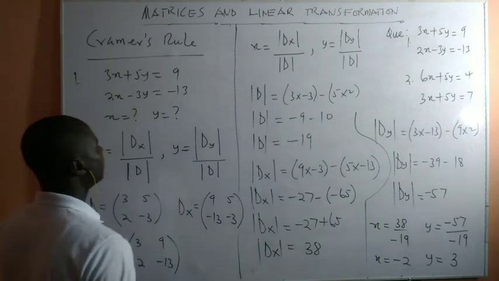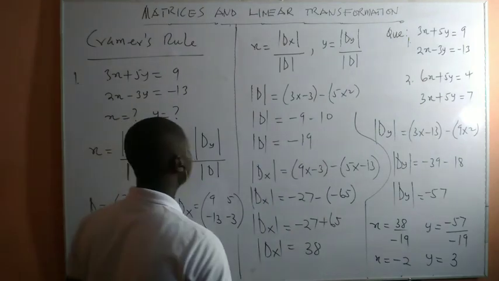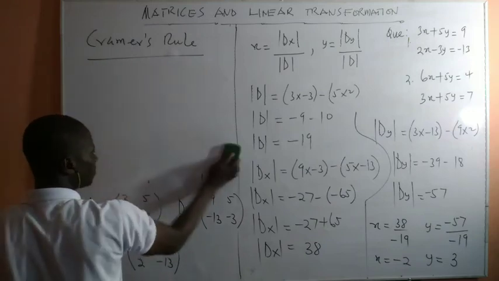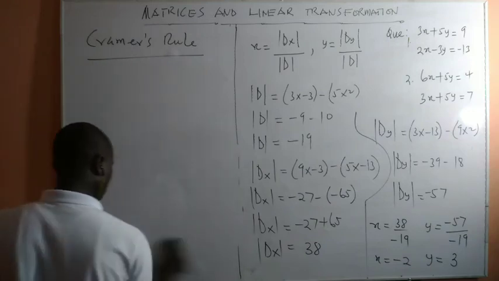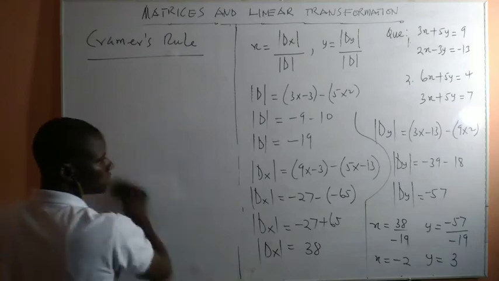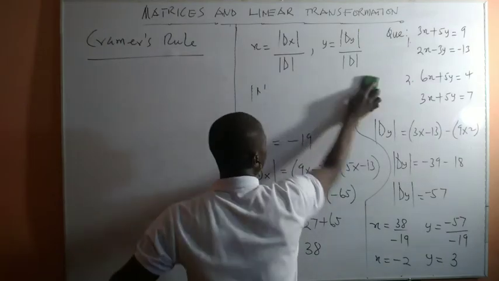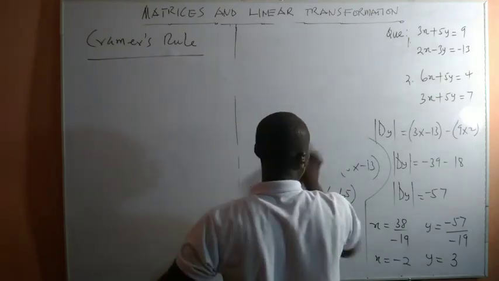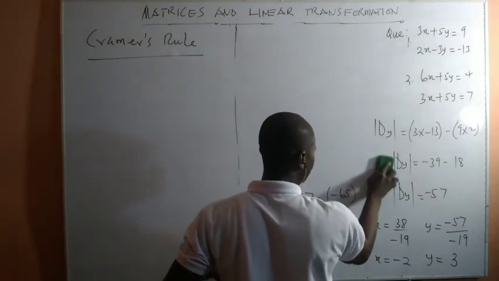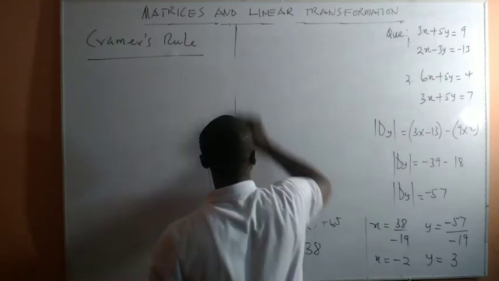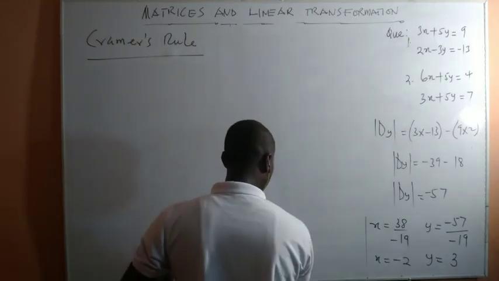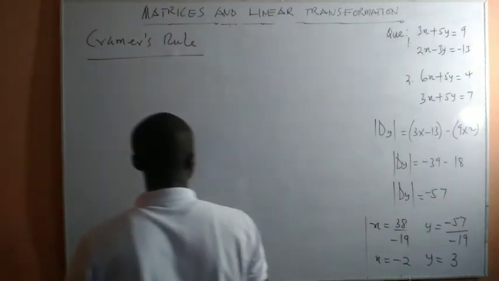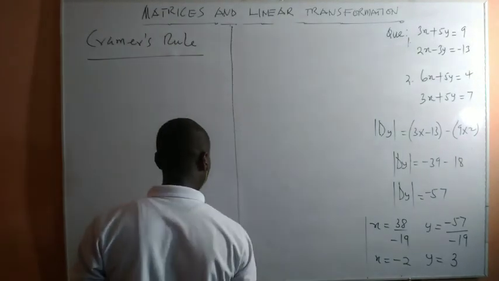And so now let's see how best we can solve the second question. By the time we are through with the second question, you will know how to use Cramer's rule to solve a system of linear equations.